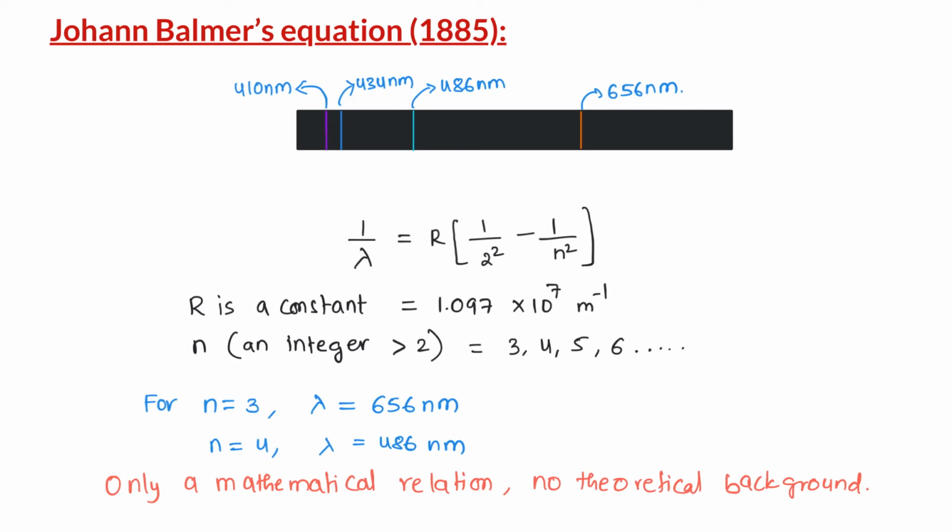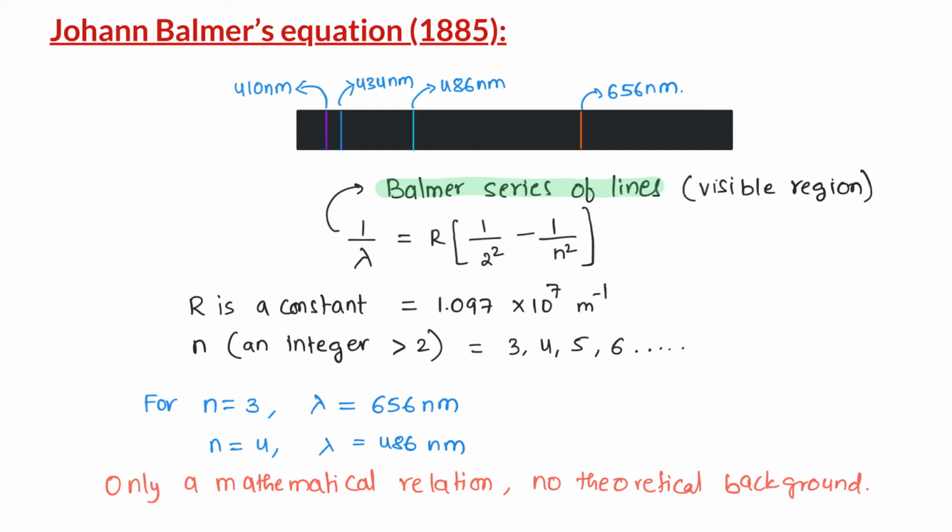He did not provide any explanation of how the lines on the atomic spectrum are related to the electronic structure of the hydrogen atom, nor did he provide any theoretical background supporting his mathematical relation. The series of lines described by this formula are usually referred to as Balmer series of lines. All these lines are in the visible region of the electromagnetic spectrum.